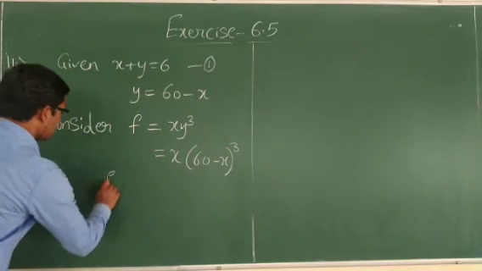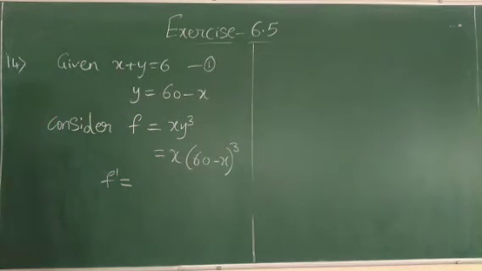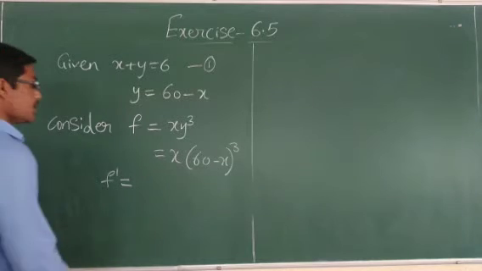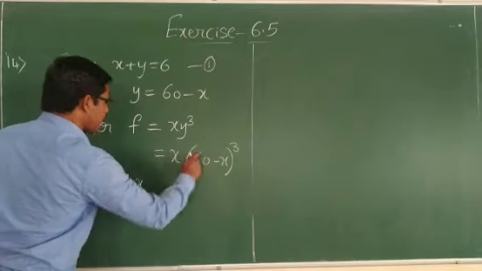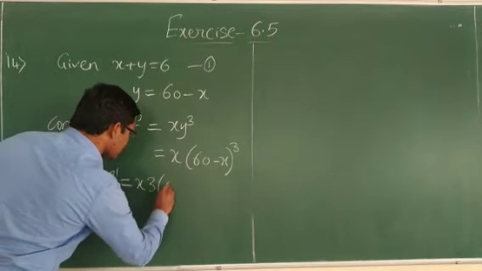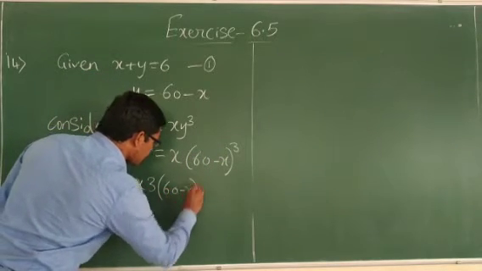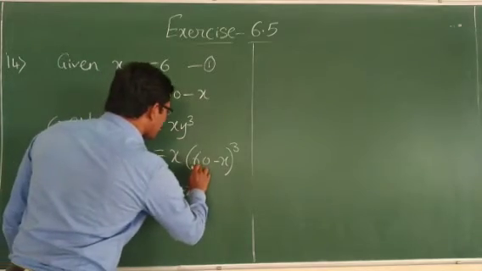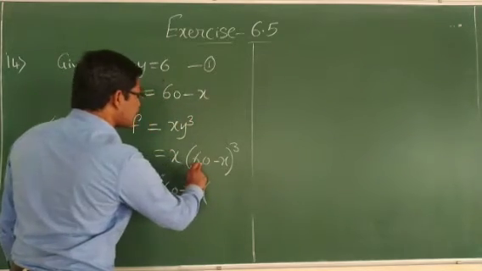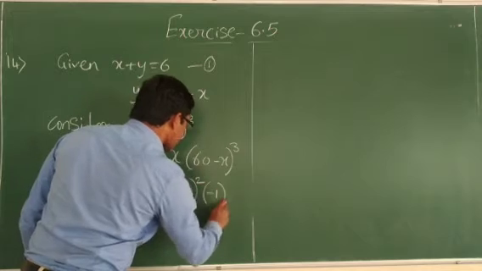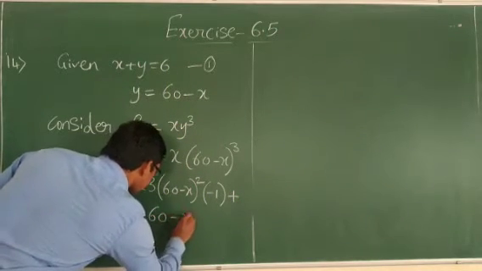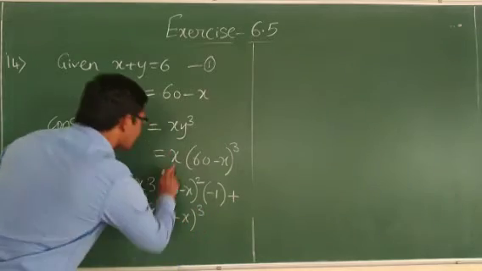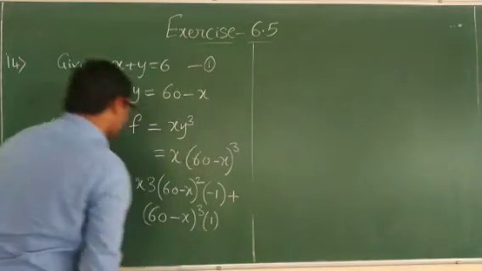Now consider the derivative f dash equal to, use product rule, x into derivative of this, that is 3 into 60 minus x whole square into derivative of 60, that is 0, derivative of minus x is minus 1, plus 60 minus x whole cube into derivative of x, that is 1.